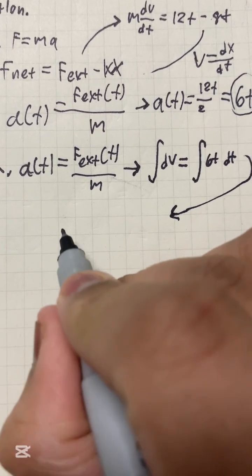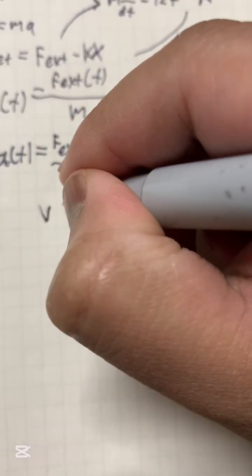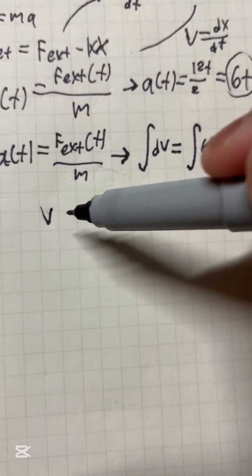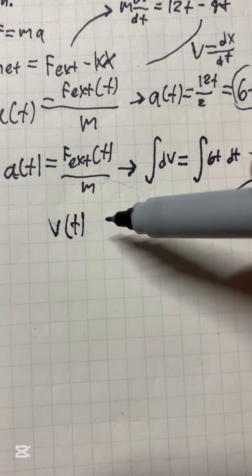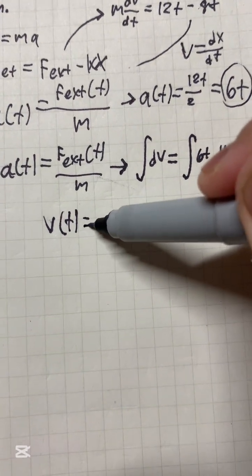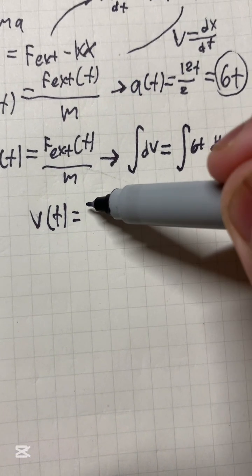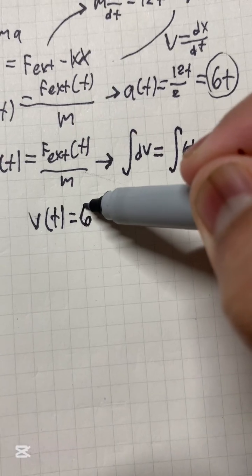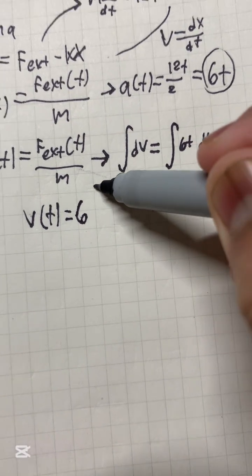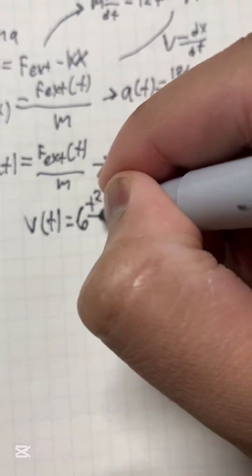Velocity as a function of time equals t squared, and we're going to simplify it: 6t squared over 2.